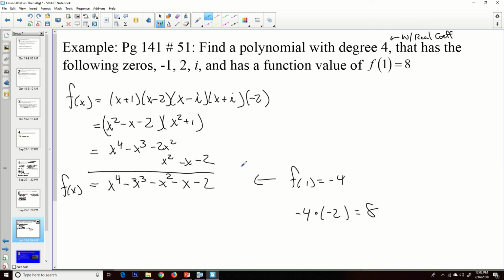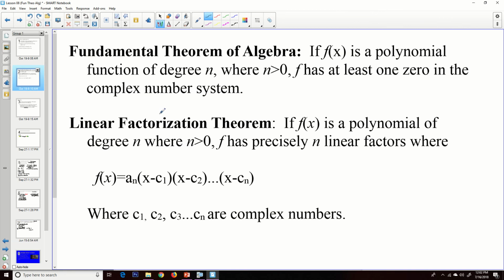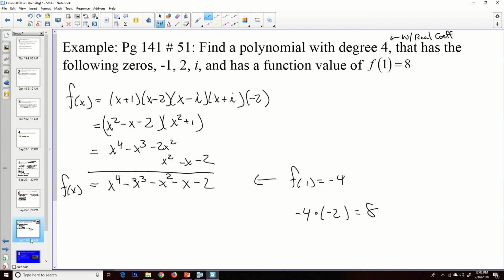Now, I'm allowed to do that, and why? Well, if we go back to the linear factorization theorem, on the second page we notice that you are allowed to have that constant at the beginning. As long as it's a factor, we set this equal to 0. If I make any of these factors 0, it doesn't matter that I'm multiplying by negative 2 there.